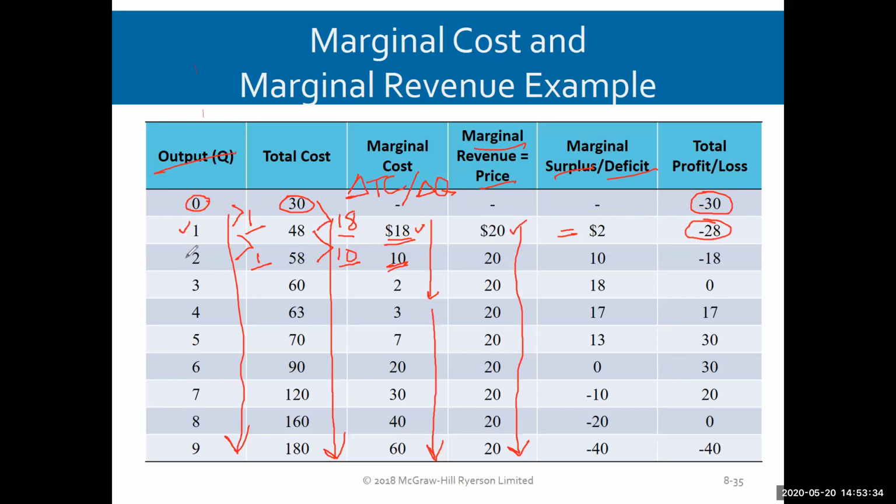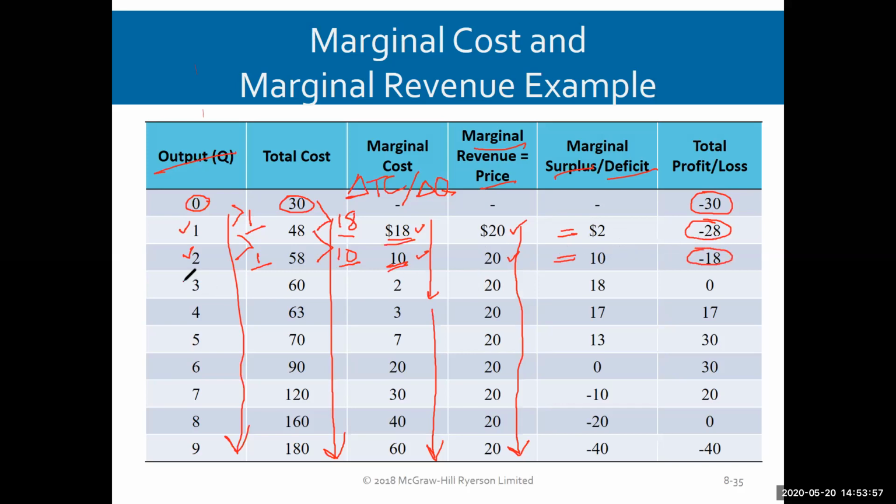Well, let's look at producing the second incremental or marginal unit. Its cost of production went down to 10. But of course, we sell it for 20. So 20 minus 10 on that one, we're making a marginal profit of 10. We were making a loss of minus 28, but we add this marginal profit of 10. Now we're only making a loss of minus 18. This is looking good.